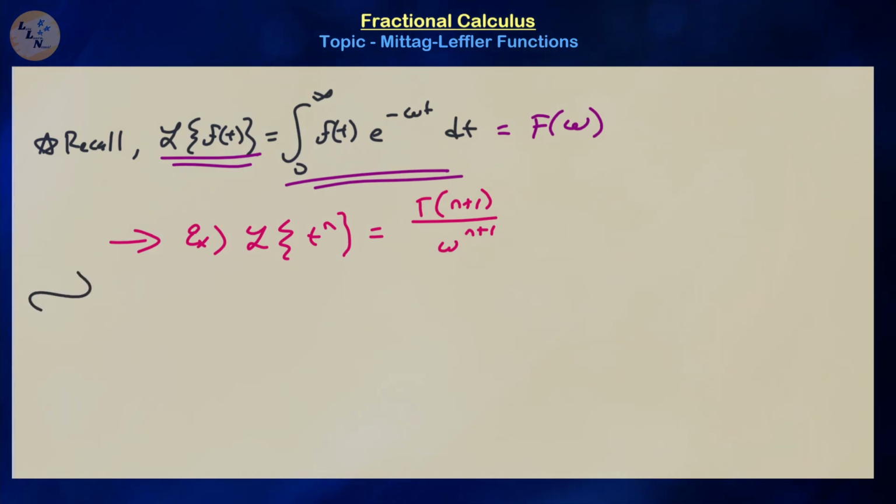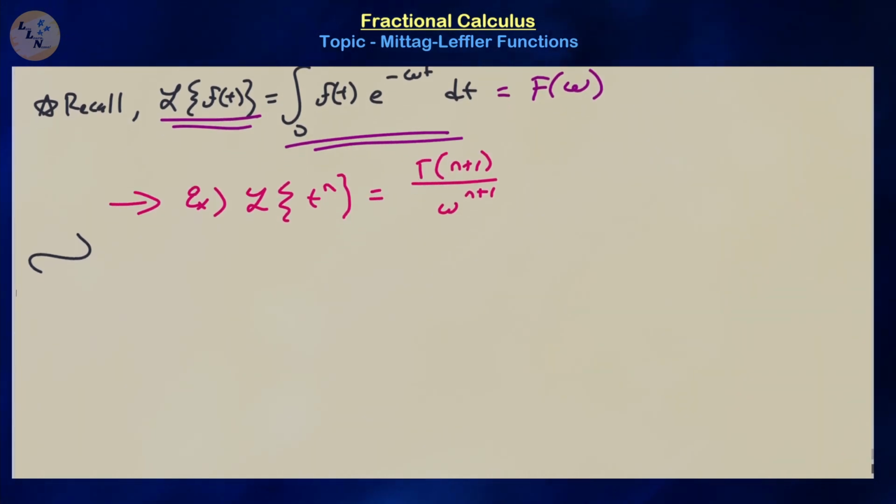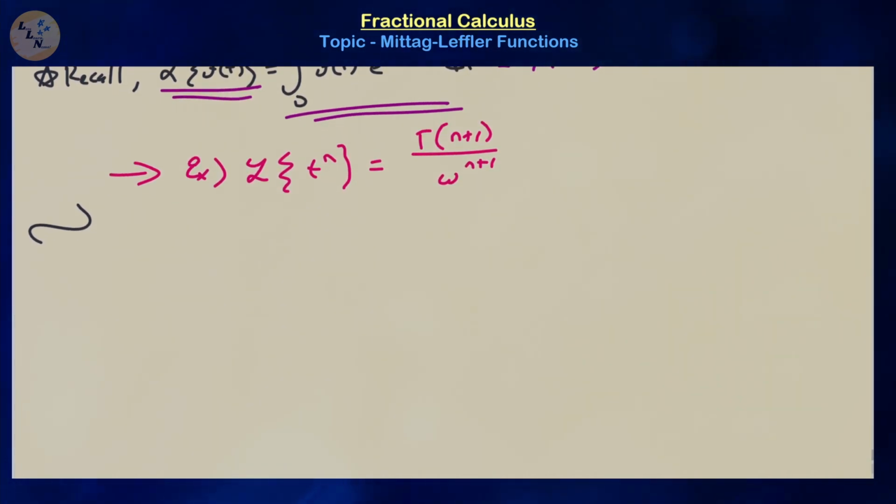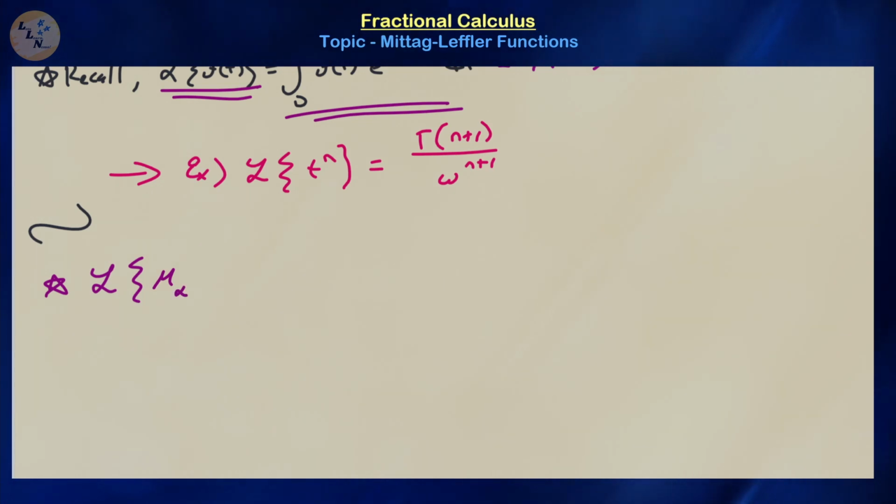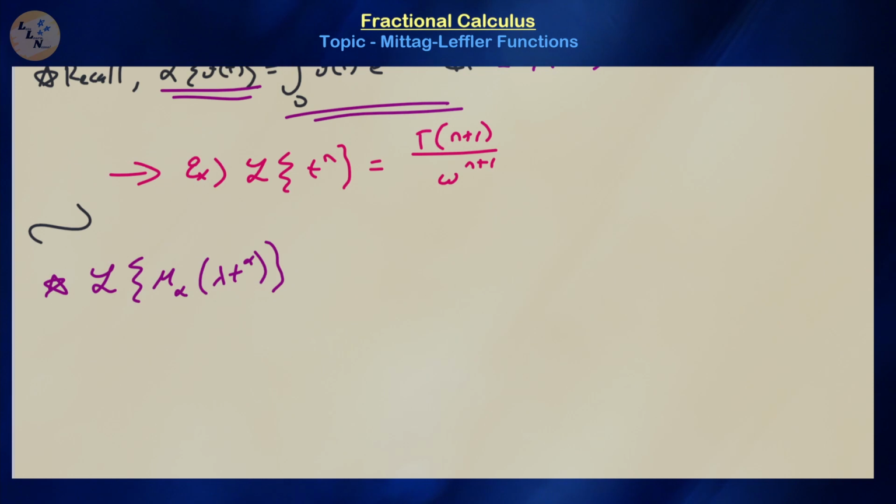Now let's see if we can get a nice expression for the Laplace transform of our Mittag-Leffler function, in particular the one parameter version, and you could of course get a two parameter version of this as well in case you're interested. So what is the Laplace transform of the Mittag-Leffler function alpha evaluated at lambda t to the alpha? And again, you may wonder, well, why do we want to evaluate it at lambda t to the alpha?